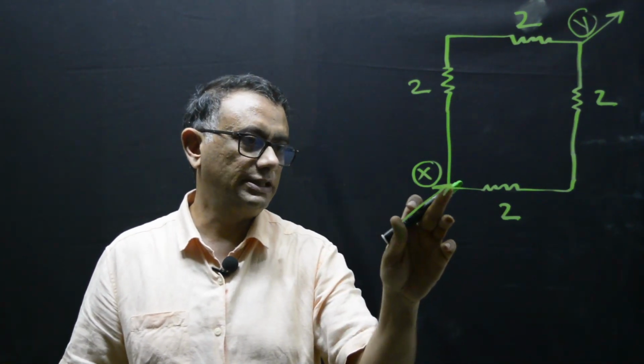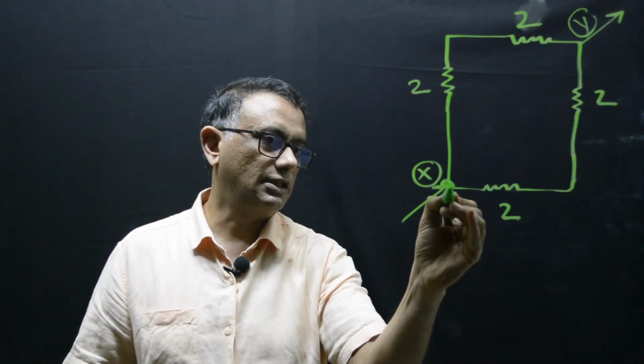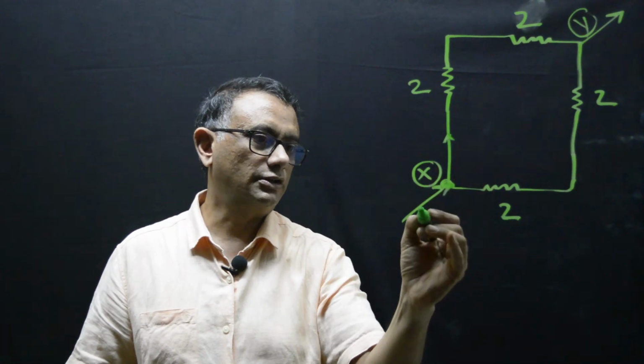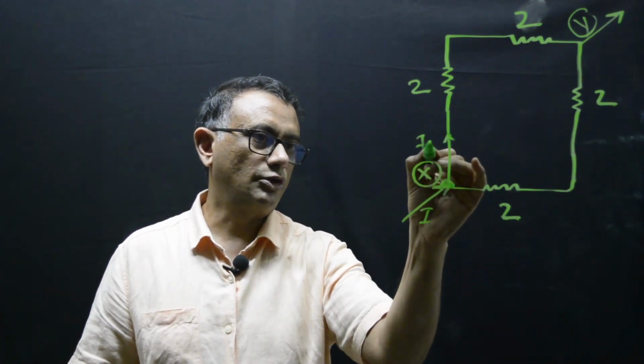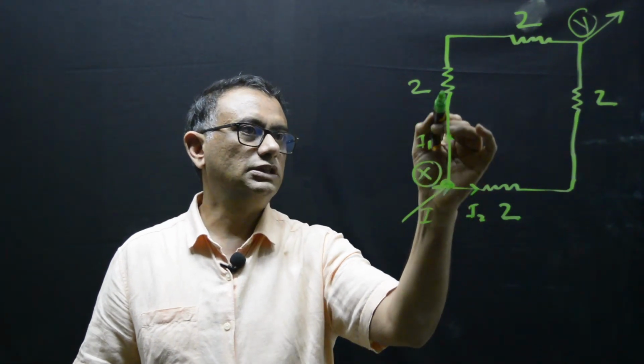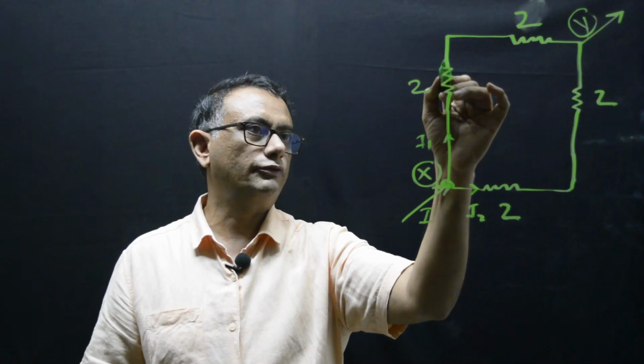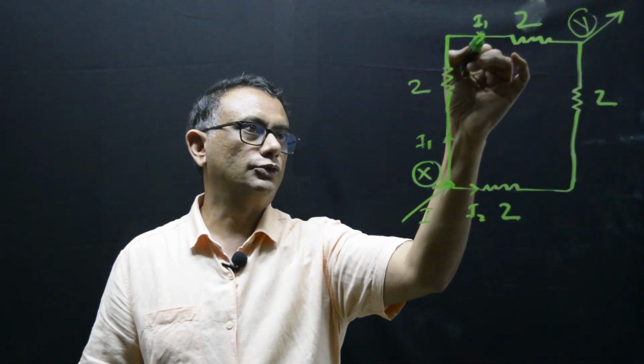Let's take the current coming through this. We see that here current is going to split. Let's call this I, and this is going to be I1, and let's say this is I2. So this looks like it is constituting one branch, because whatever current flows through this will also flow through this.